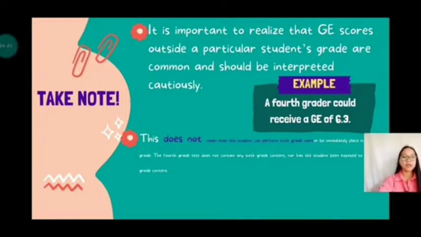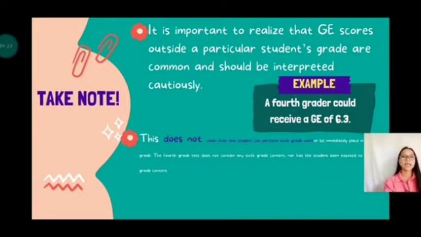The 4th grade test does not contain any 6th grade content, nor has the student been exposed to any 6th grade content. This score simply means that on this particular day, this student performed much better than the average student performed on the test.